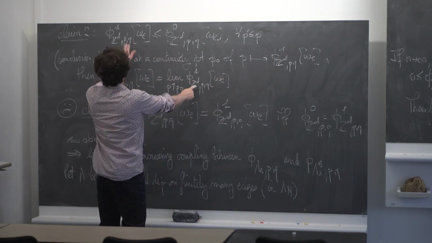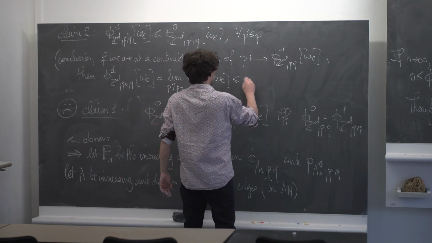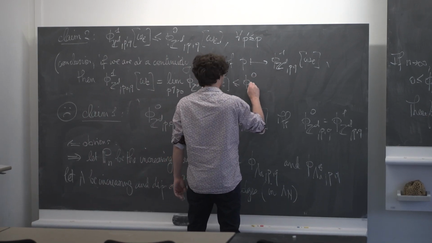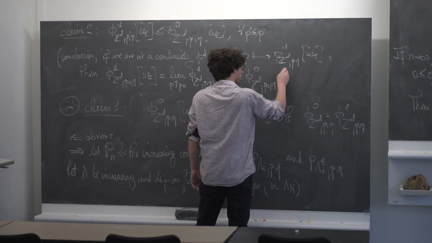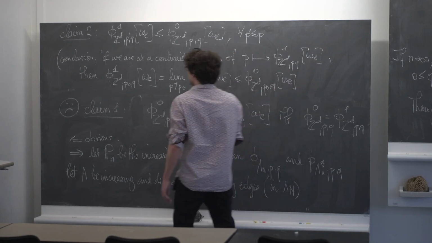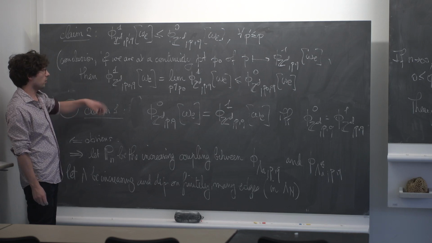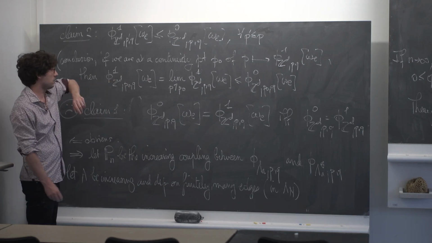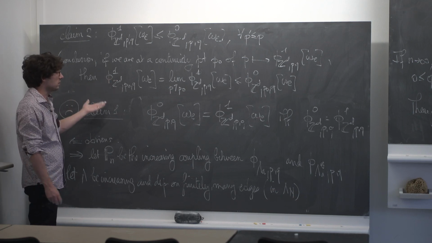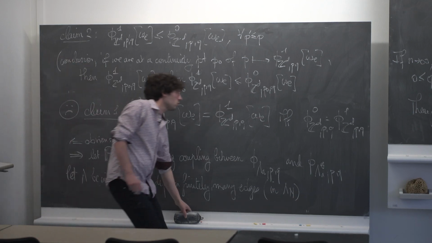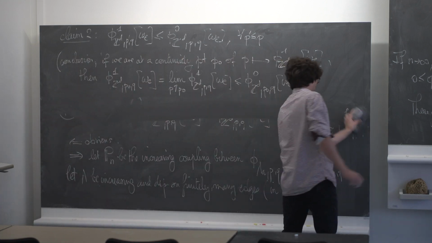But this guy being smaller than the same with 0 for omega PQ, it gives me this inequality. Since the other inequality is even more trivial, if phi 0 ZdP0Q of omega E is clearly smaller than that, then you have equality, and by claim 1, you get that the two measures are equal.